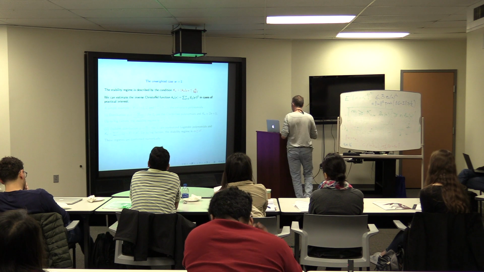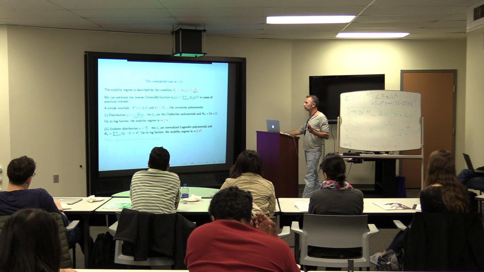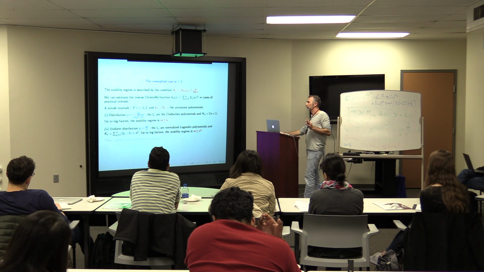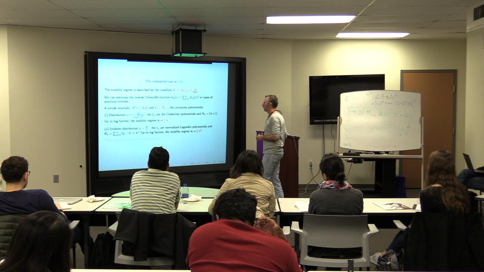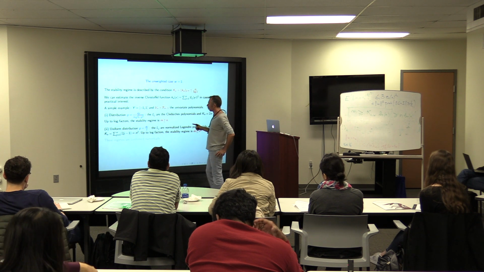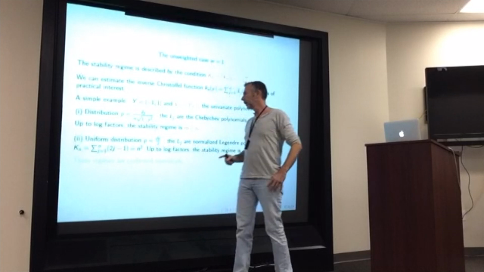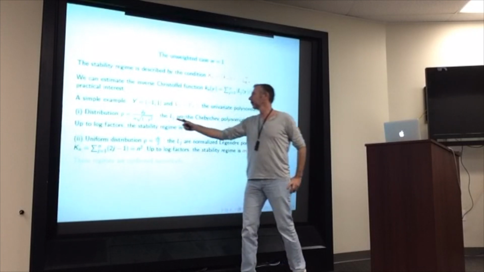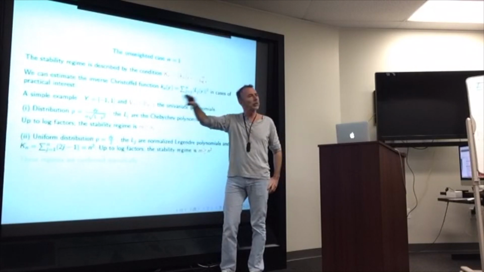And let me give a very simple case, which is the univariate polynomials. Let me give two examples. Think of rho to be the Chebyshev measure. So this measure is such that the L_j are the Chebyshev polynomials. The Chebyshev polynomials are very flat.